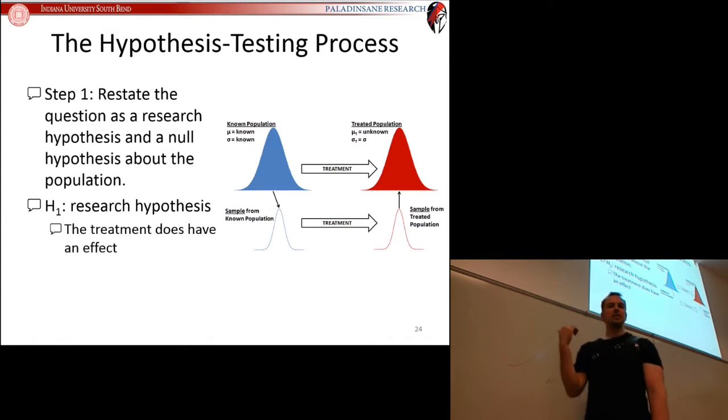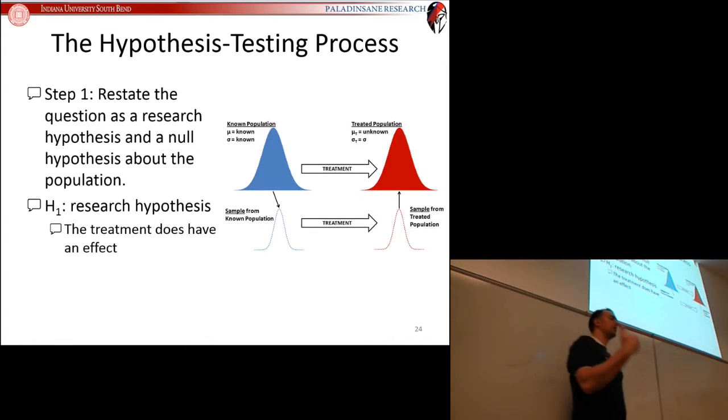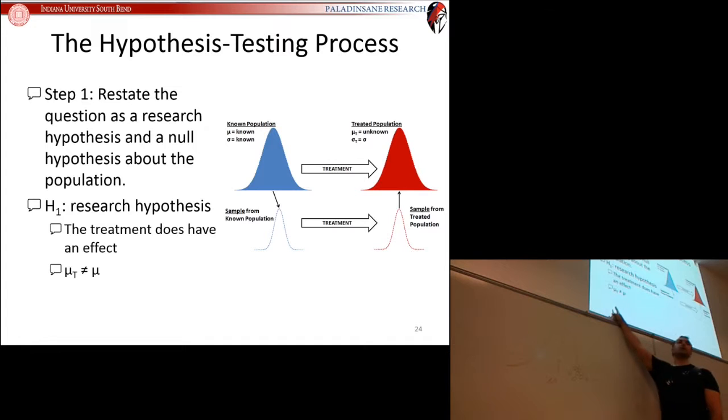Your treatment does something, right? Your treatment makes a difference, right? That is the research hypothesis, that your treatment does something. That is written as this: the mean of your treated population does not equal the mean of your untreated population.